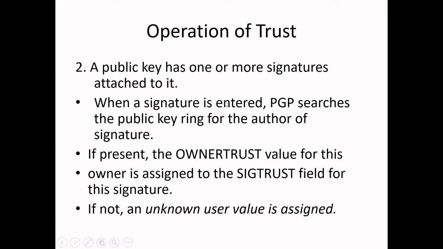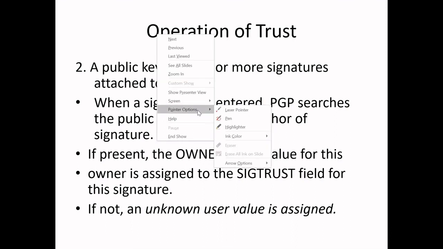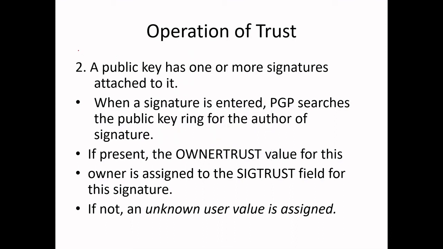Now, when a signature is entered, PGP searches the public key ring for the author of the signature. So let us say I am the user A, and I have a public key ring in my machine, and I am entering the public key of B into my public key ring, and I can have multiple people, let us say C, D, and E, who are vouching or saying that this particular key of B which I'm entering is actually valid.